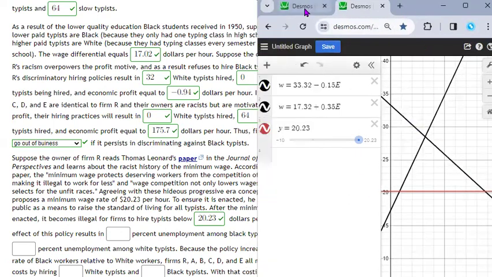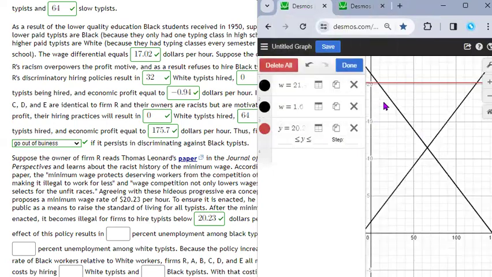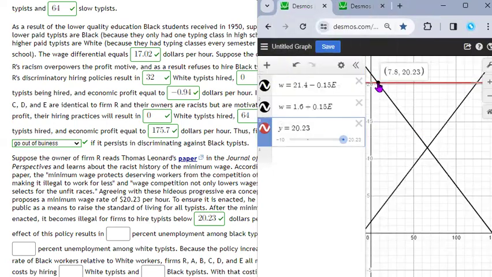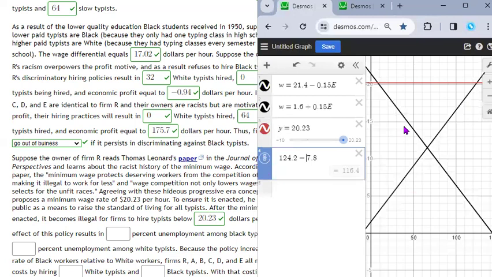All right, so let's calculate the unemployment rate in the Black labor market. The number of Black people that are hired at this new minimum wage is 7.8. That's the employment level. The labor force is 124.2. So the number of Black people unemployed is 116.4.